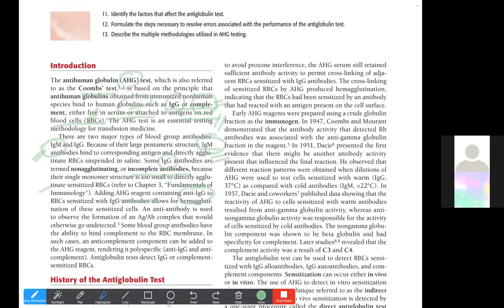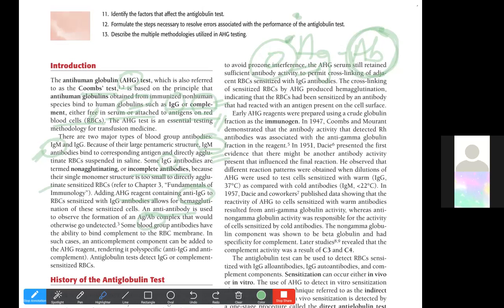Now, an anti-antibody is used to observe the formation of these antigen-antibody complexes. So we have the antigen which binds to an antibody. This antibody can be free in serum or it can be attached to the RBC. This antibody is actually the anti-antibody that we are introducing, and the antigen can be either on the red blood cell surface, or it can be free in the serum.